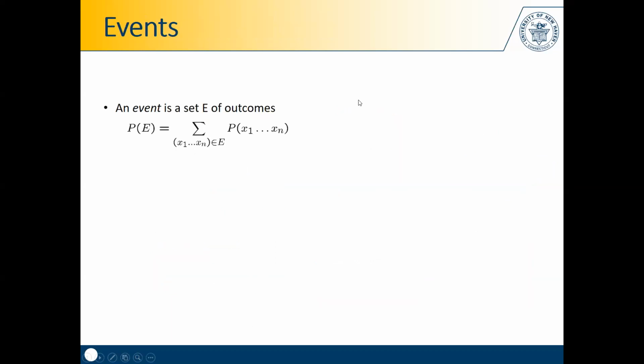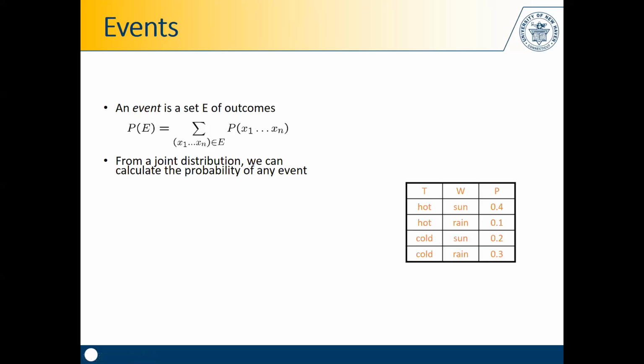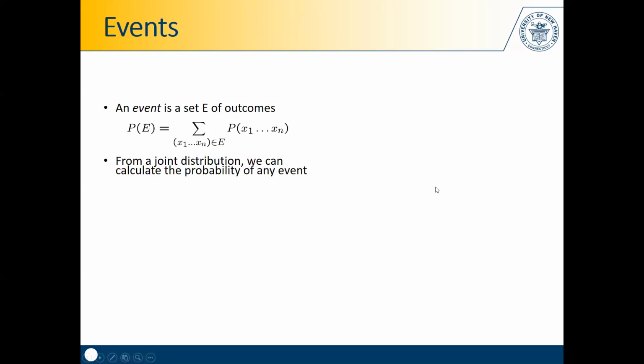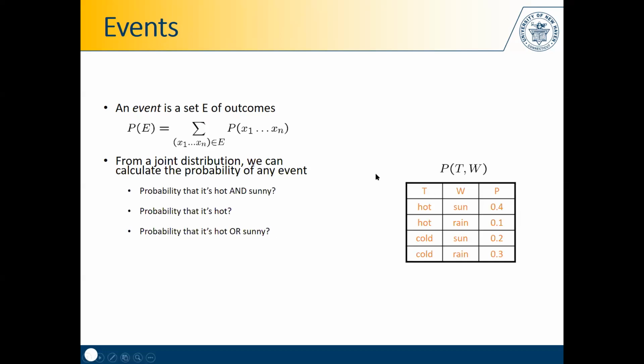Now let's define an event. An event is a set of outcomes, and we represent this set with the capital letter E. The set of outcomes is essentially the probability of those outcomes occurring at the same time. If you have a joint probability distribution, you can calculate the probability of any event, right? How?